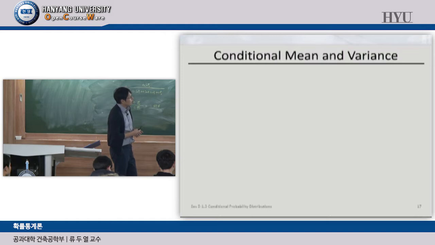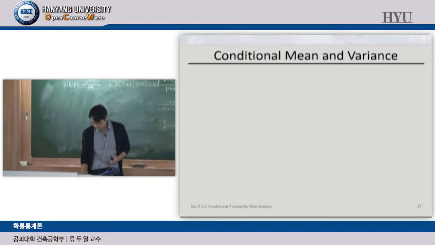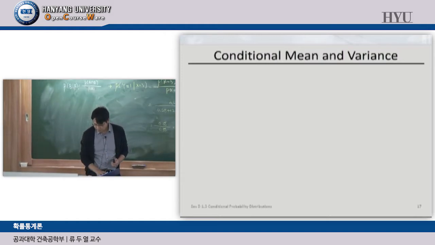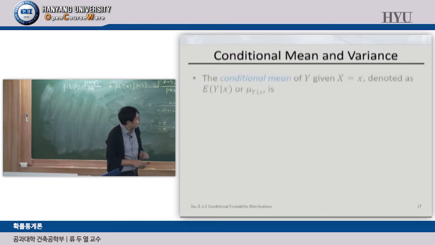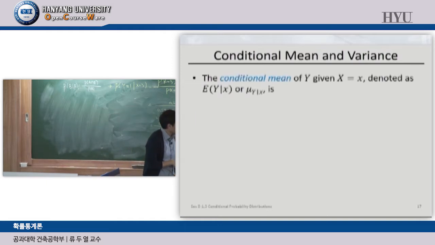And this is about the conditional mean and variance. The conditional mean of Y given x when x is equal to small x, denoted as large E of Y given small x, or mu of Y given small x, okay? That is equal to the summation of y multiplied by the conditional probability mass function, okay?